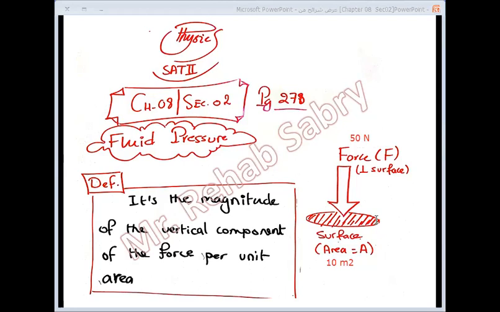So if I want to find the force that's acting on a unit area, what's meant by unit area? Unit area means only 1 meter square. Unit area of magnitude 1. Who can tell me how can I get the pressure in this case? Raise your hand if you want to answer, or I'll choose anyone.